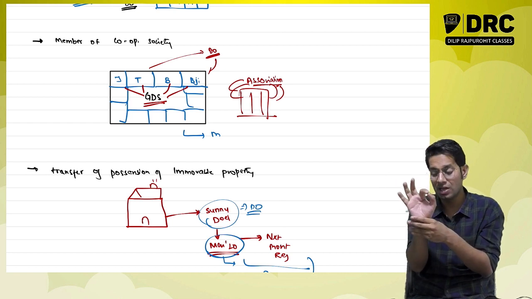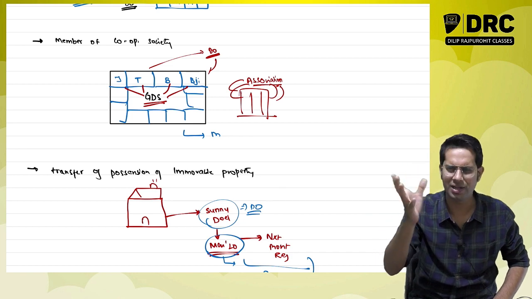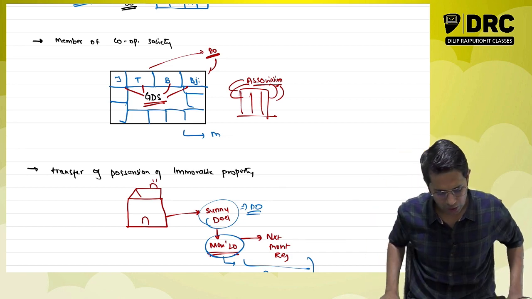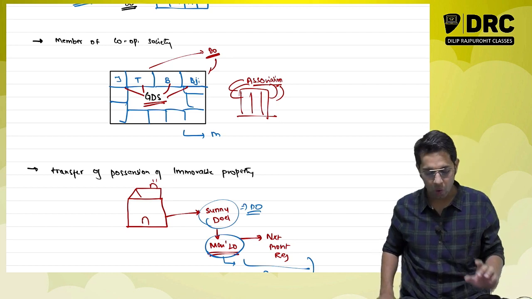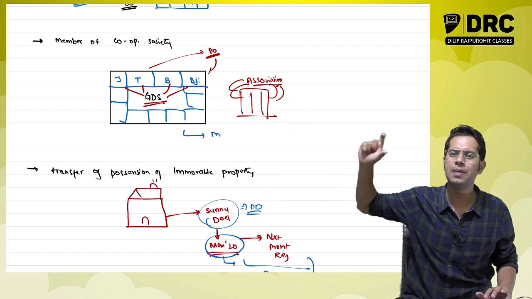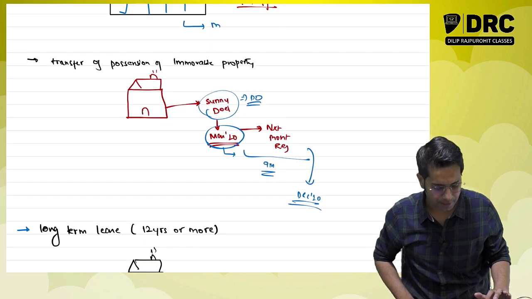Each member will have their own certificate, a document telling that this particular flat belongs to you. So for that particular flat, I will be the deemed owner. Though the building is in the name of the association, flat number 201 belongs to me. I am the deemed owner of that particular flat.